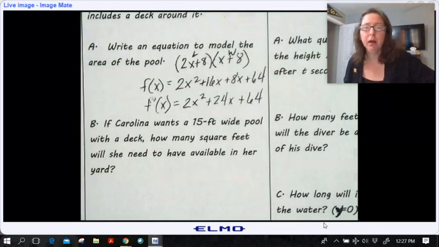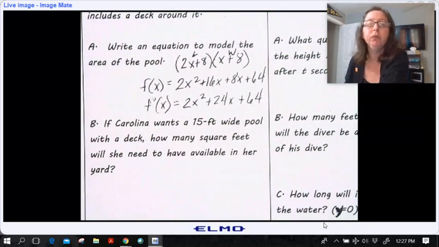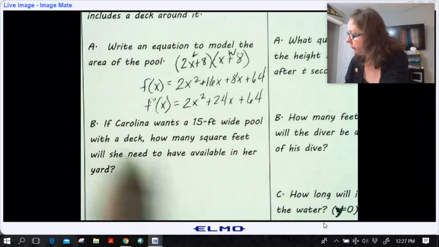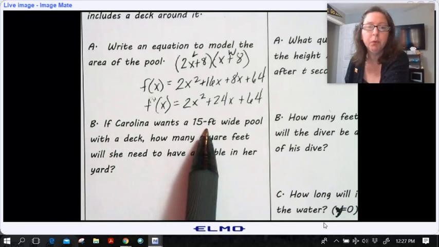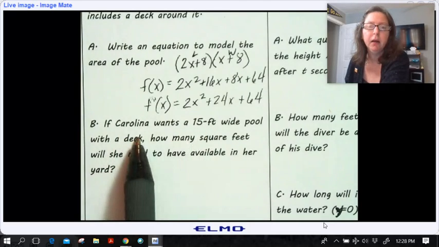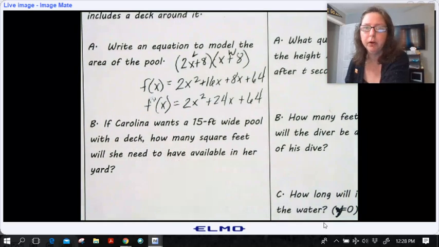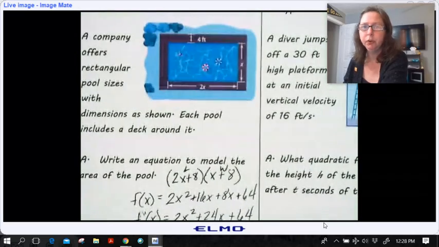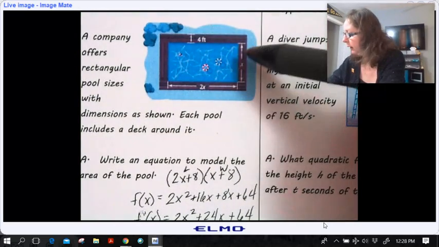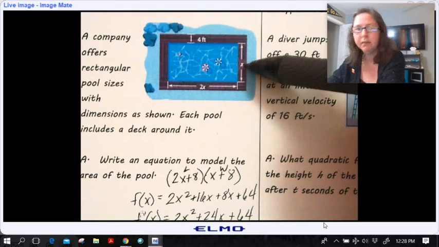So now let's be a little more specific about what this particular customer wants. If Carolina wants a 15-foot wide pool with a deck, how many square feet will she need to have available in her yard? So what we're going to need to do is wherever I see an x, I'm going to need to substitute 15.